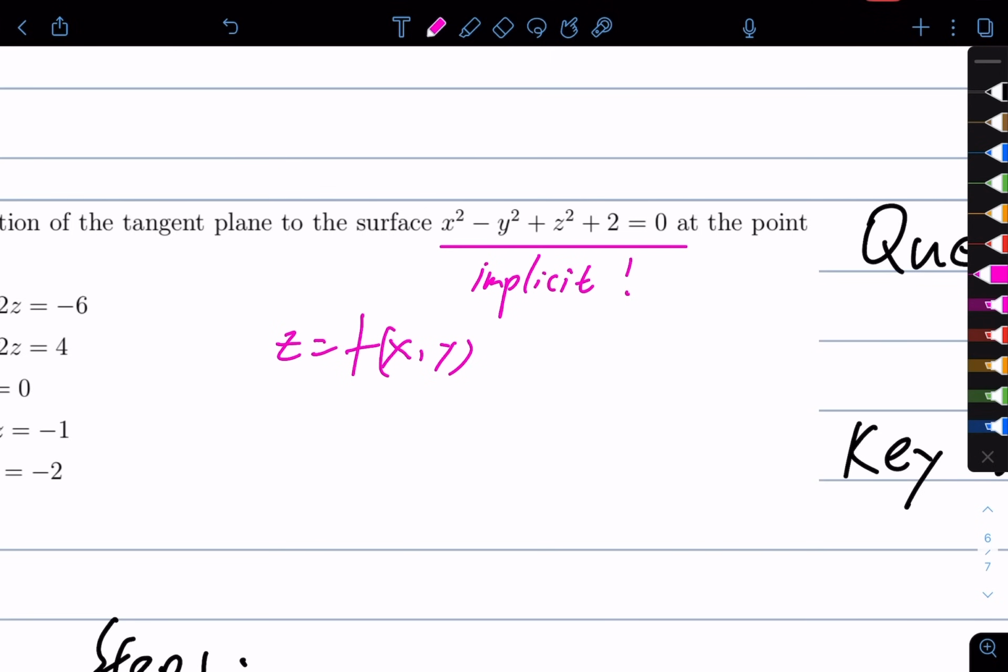But when it's implicit, which is function of f, x, y, and z equals to a constant or 0, right? In this case, the x, y, z, the independent variable and the dependent variable are mixed up together, and you cannot, or it's going to be often impossible or difficult, if not impossible, to separate the dependent variable z.